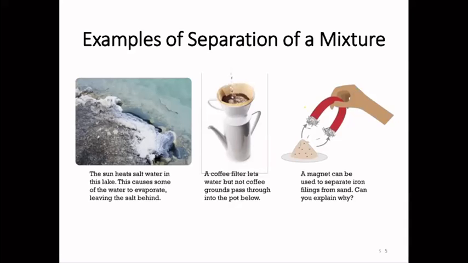Now, for those of you that brew your own coffee in the morning, it doesn't matter what instrument or apparatus you use, what you're doing is separation. When you have a coffee filter, it lets you separate the water that is now combined with some of the coffee that has been ground. In chemistry, there is a term for the eluate that comes out, which we are not going to deal with in class, but I want you to realize it.